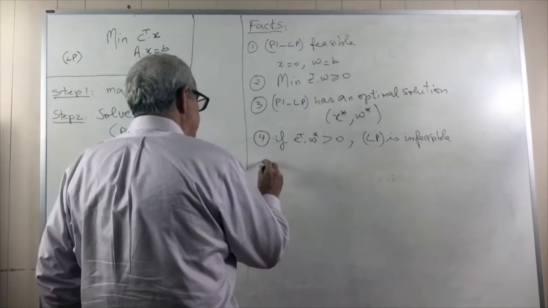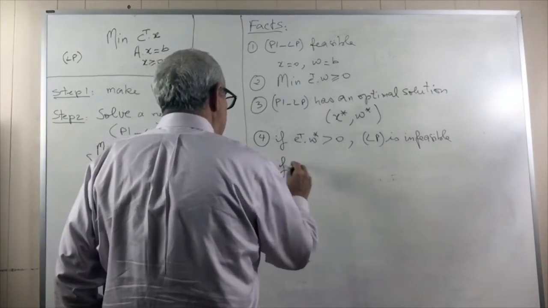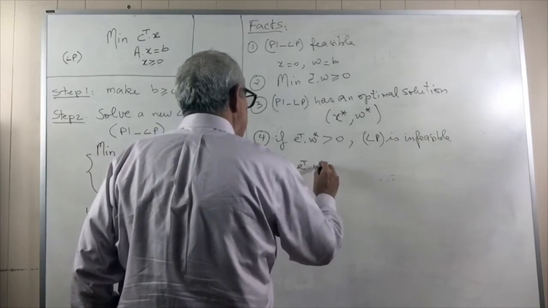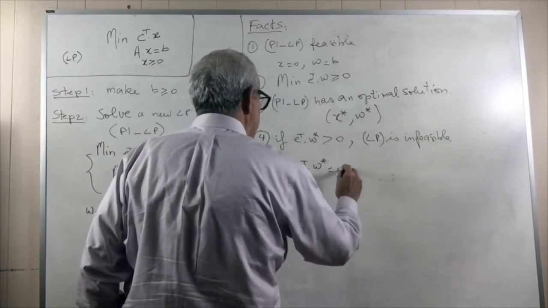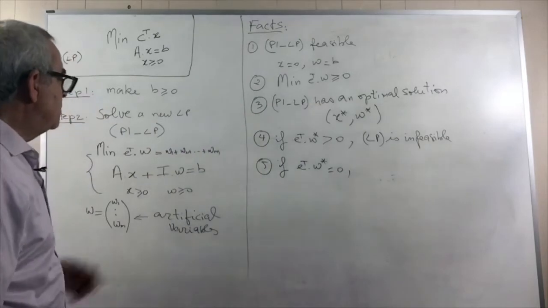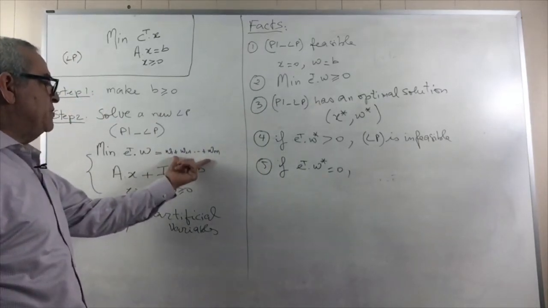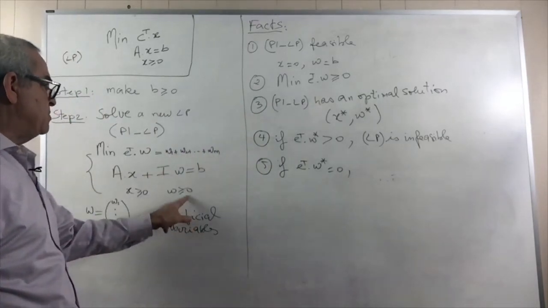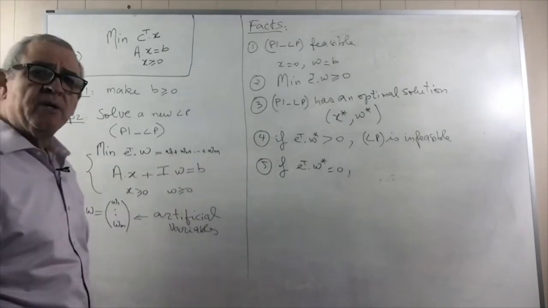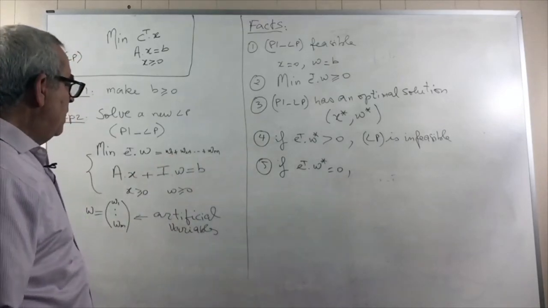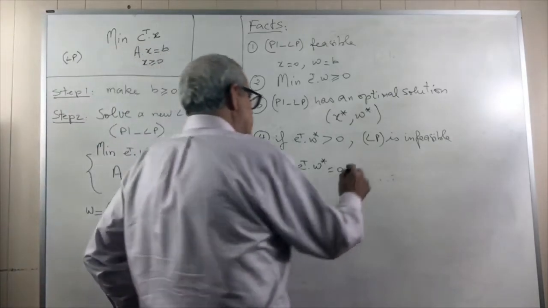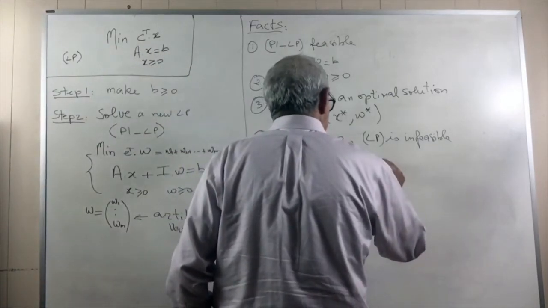Fact 5: if E transpose W star is equal to 0, okay, so the sum of the W star of i is equal to 0, and all of them are greater or equal to 0, that means each one of them is equal to 0. So W star itself is equal to 0.